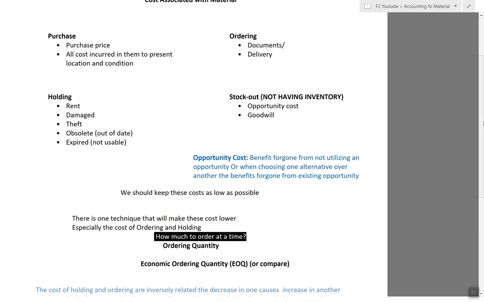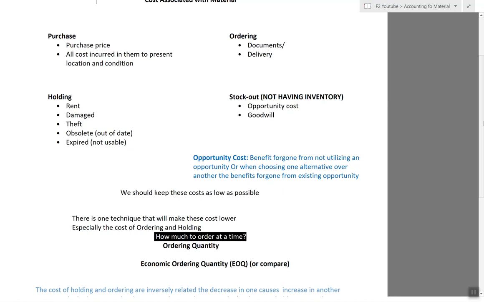Order quantity is the units that we buy at a time. For example, we need 12,000 units every year. If we buy 1,000 units every time we buy, then that is order quantity. If we buy 2,000 units every time we buy, that is order quantity.